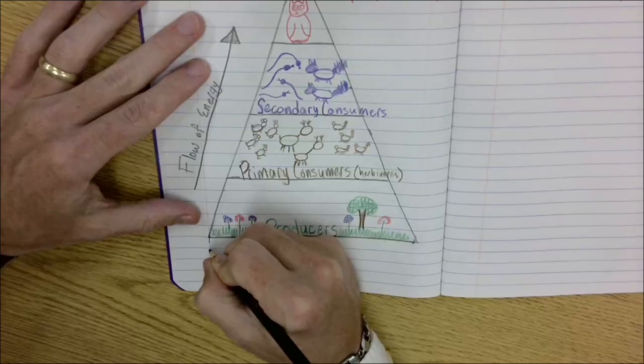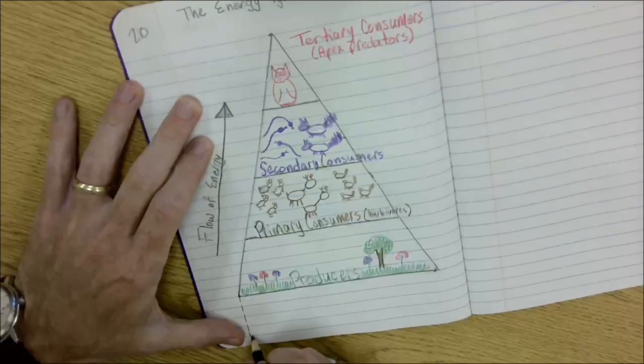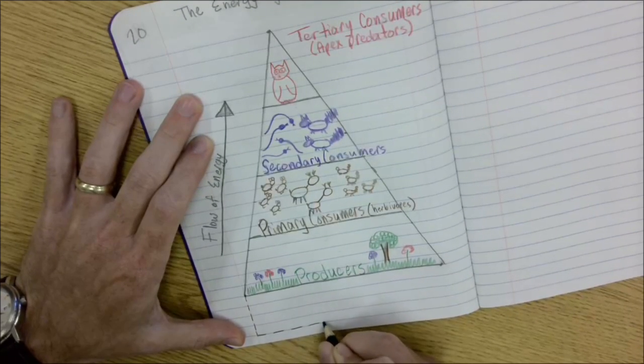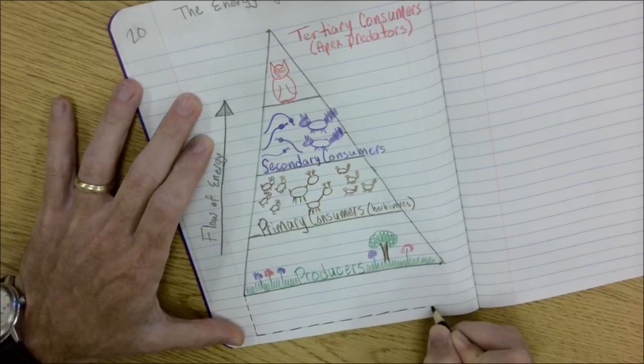in a dotted line. So using our black to make a dotted outline of a box below our pyramid.